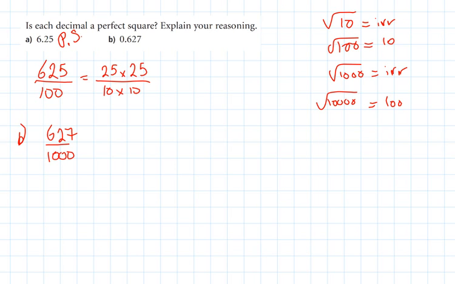If you go one down, obviously you're gonna go down. So this one here, you can also check with a calculator. So square root of 627 is irrational. The square root of 1000 is also irrational. So this one is not going to be a perfect square.